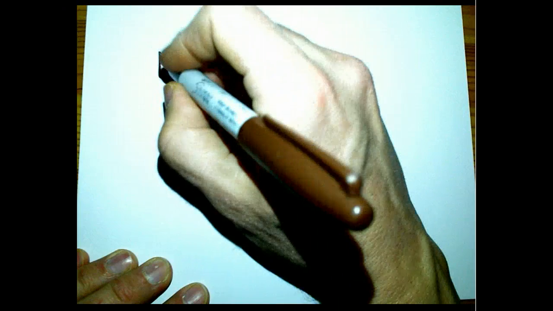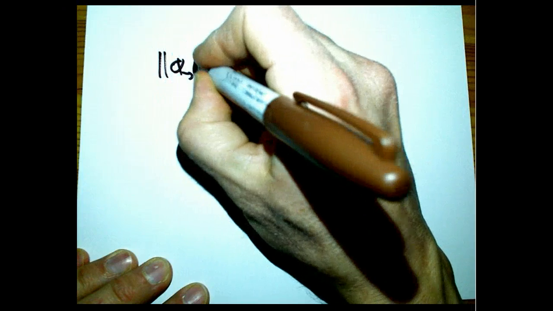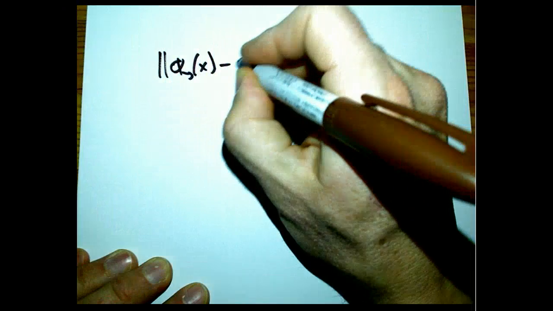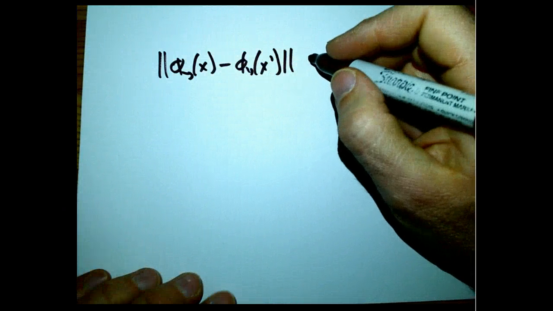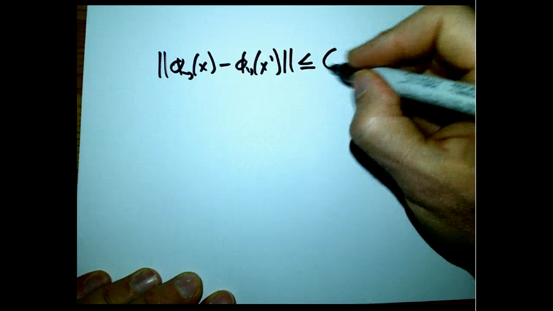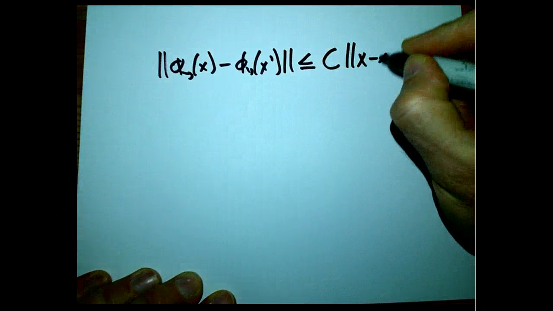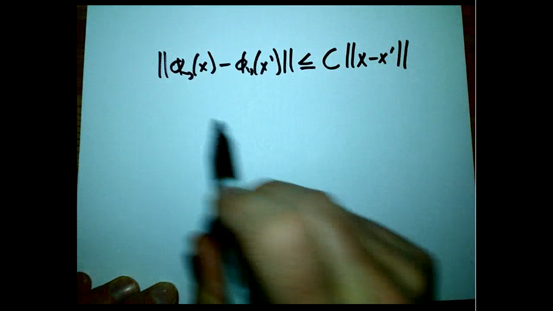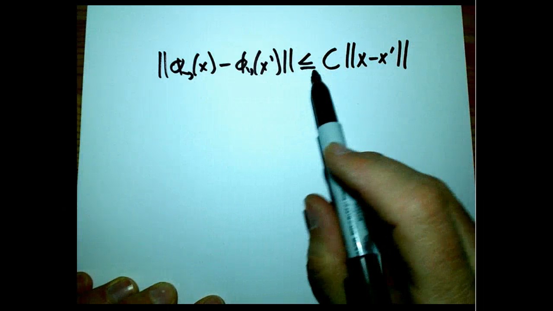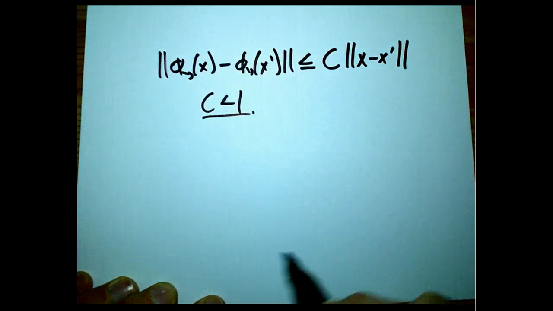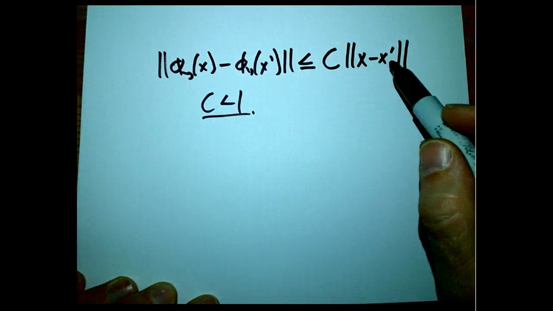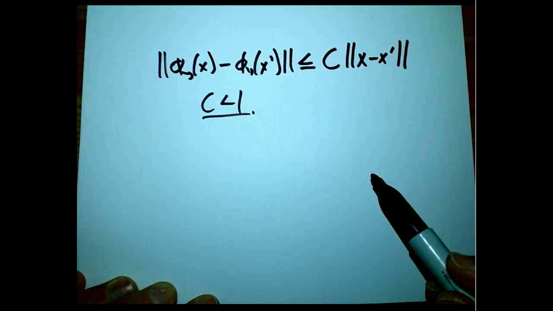And let me just remind you what that means. It means that the magnitude of phi sub y of x minus phi sub y of x prime, say, has got to be less than or equal to c times the distance between the inputs. So if you look at the distance between the inputs, the distance between the outputs has to be less than or equal to some constant times that, where c is strictly less than 1. So it shrinks the difference between inputs compared to the outputs.